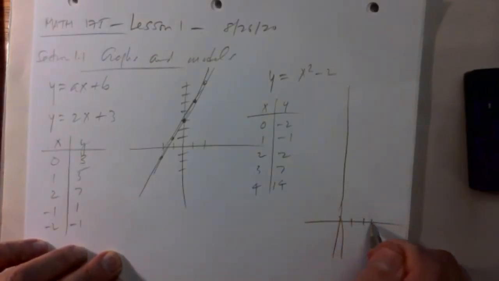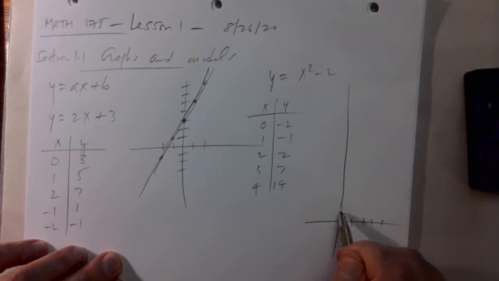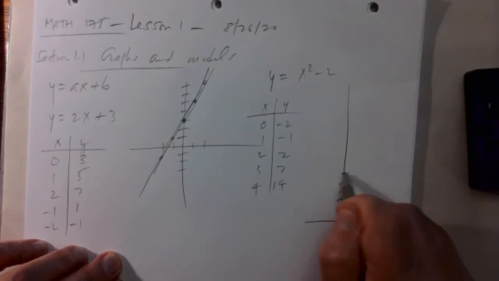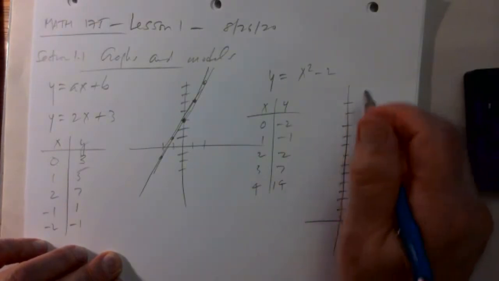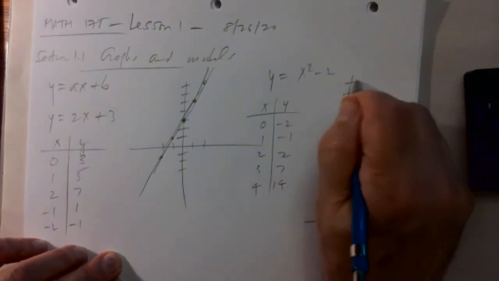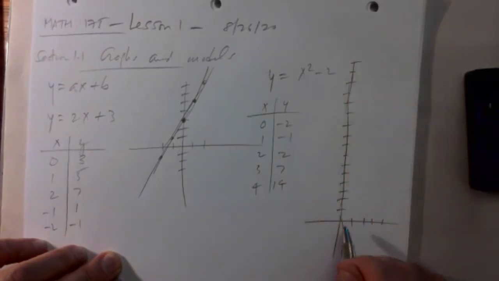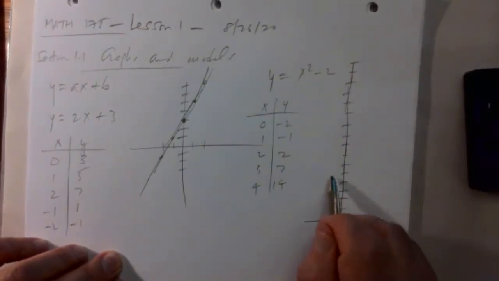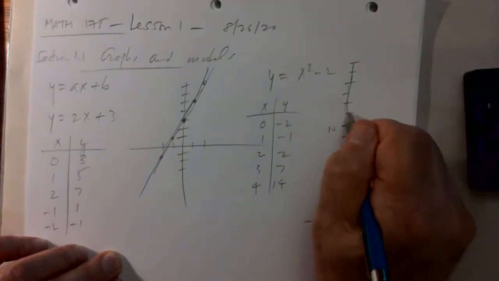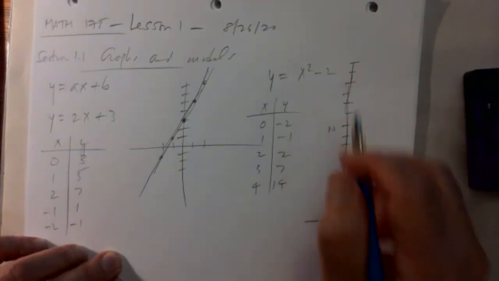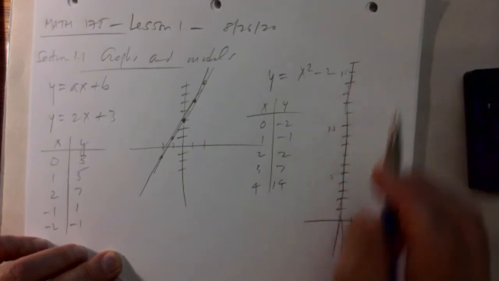So 1, 2, 3, 4, and up the vertical axis 1, 2, 3, up to 15.